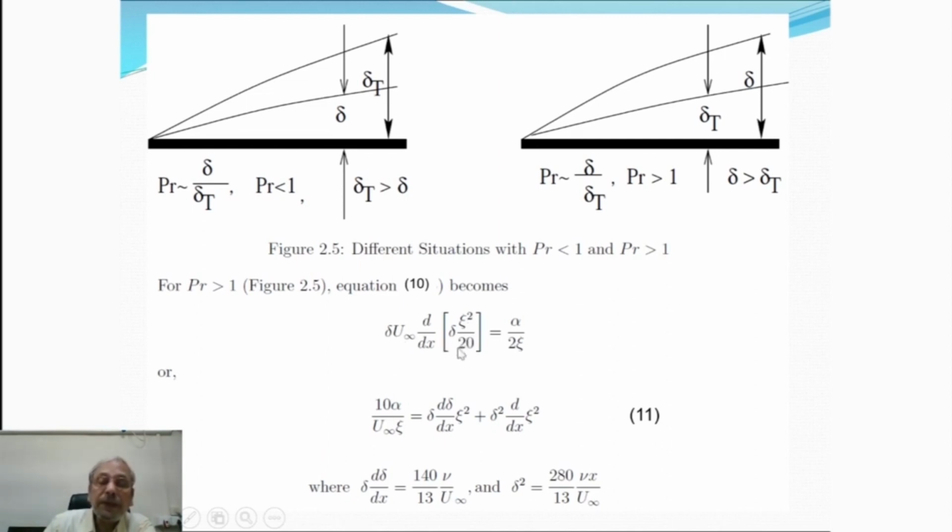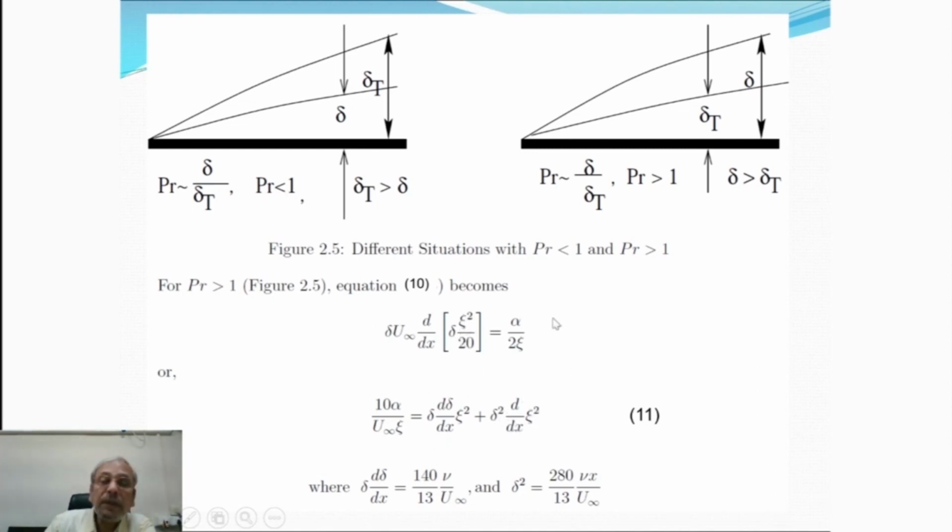If we differentiate, we get δ d/dx of (δ ζ²) plus, basically, this δ into this δ² into d/dx of ζ².